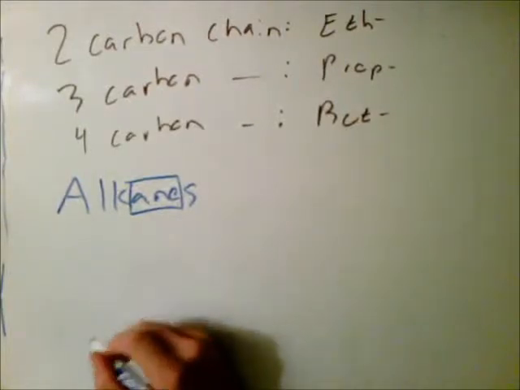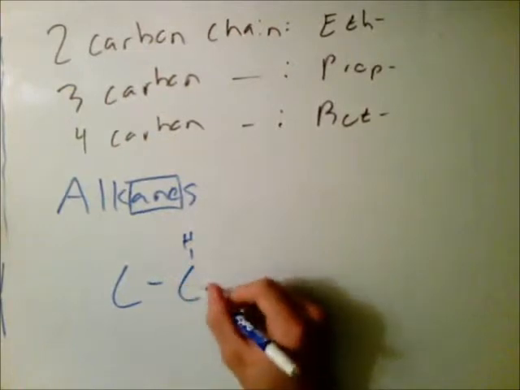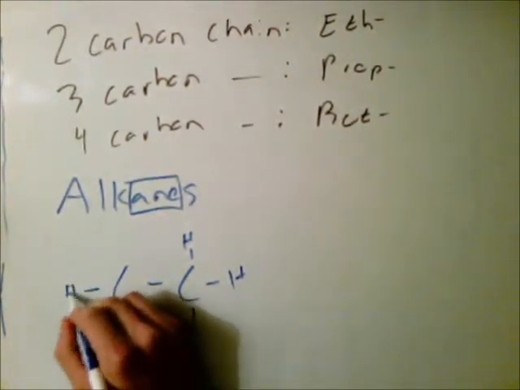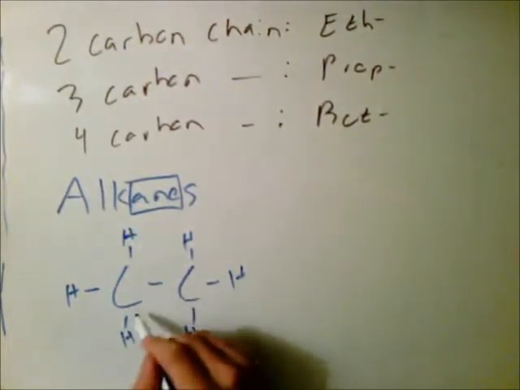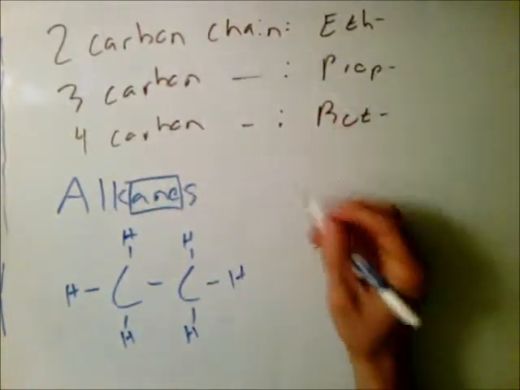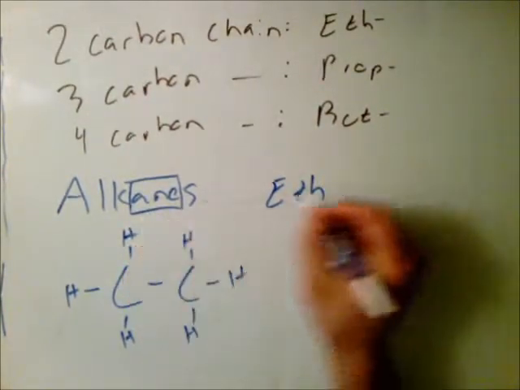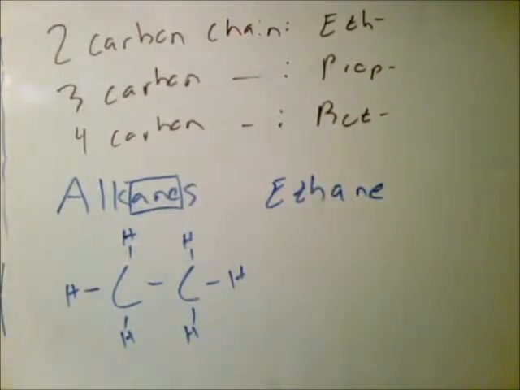So let's say we have a two carbon chain, single bond, so we know it's an alkane, and we have the two carbon chain, eth, and then we attach ane to it, so this would be called ethane. That's one example of alkanes.